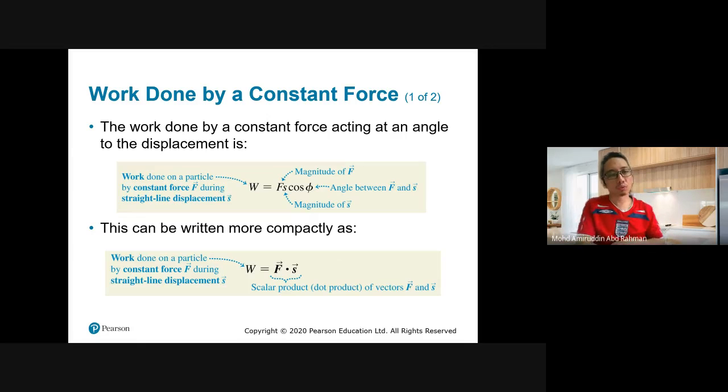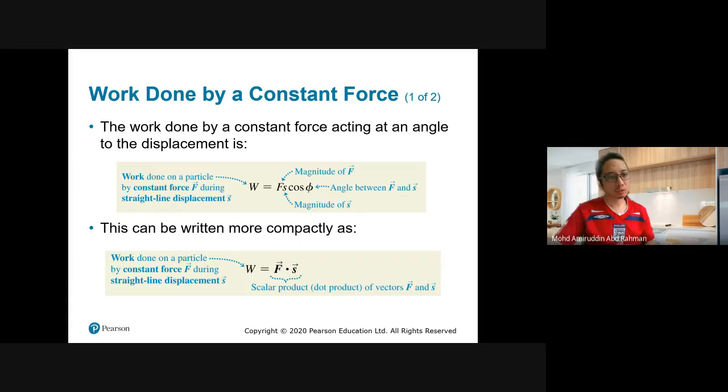So that's W equals Fs cos phi, right? It's cos phi. So phi is considered the angle between F and S. So if the object moves like that and you have the force there, that's the angle over there.